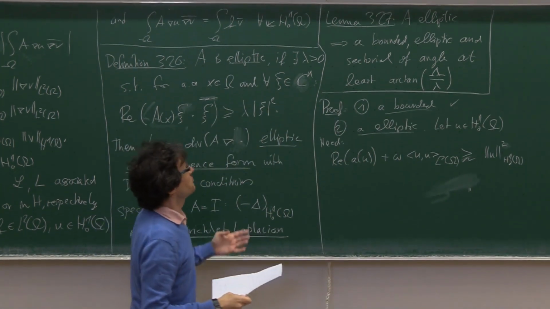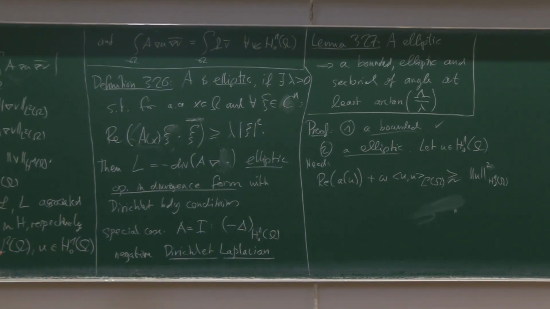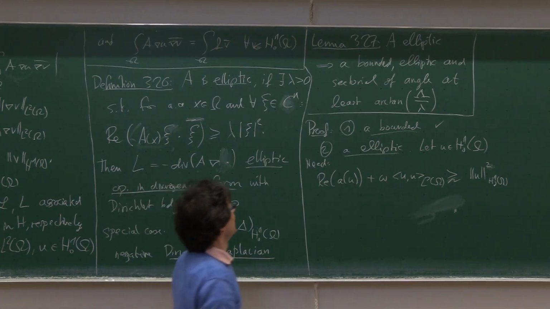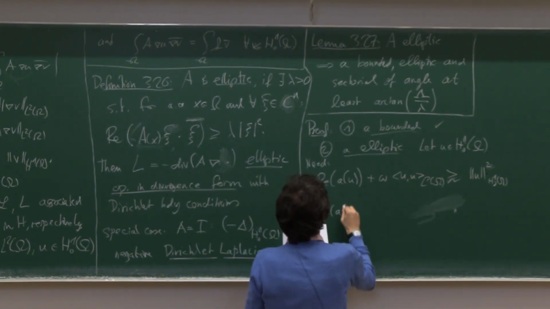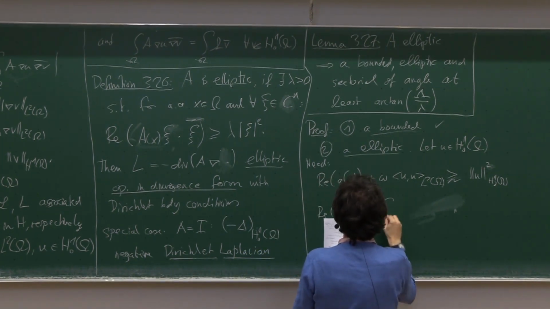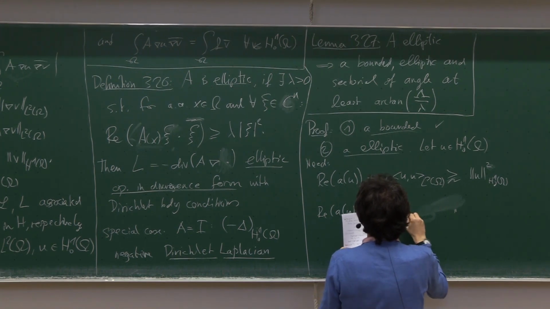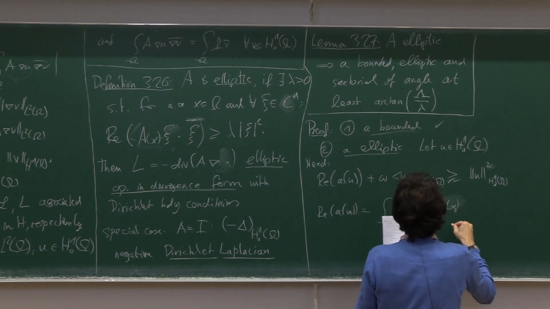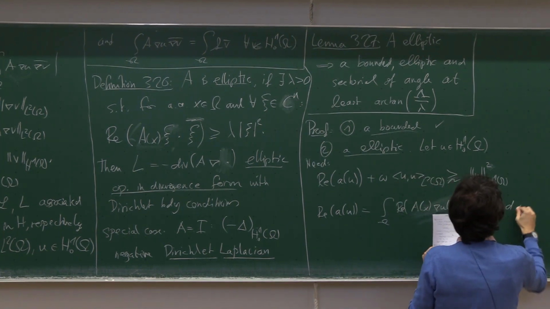And it would be a bad choice of notation if an elliptic matrix function wouldn't give an elliptic form. So it's elliptic. And it's not that difficult to see. So what about the real part of the quadratic form? This is writing out the form. The real part of the integral of A of x gradient u of x times gradient u bar dx.